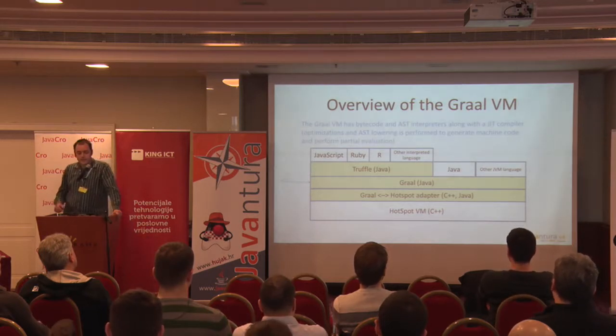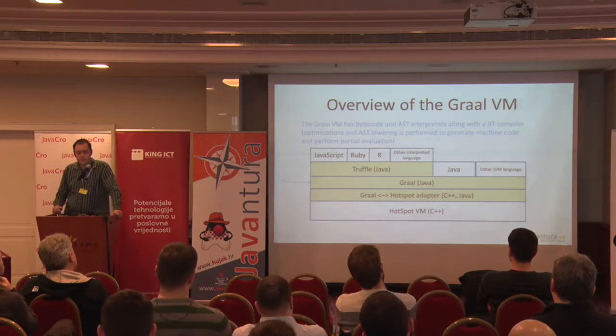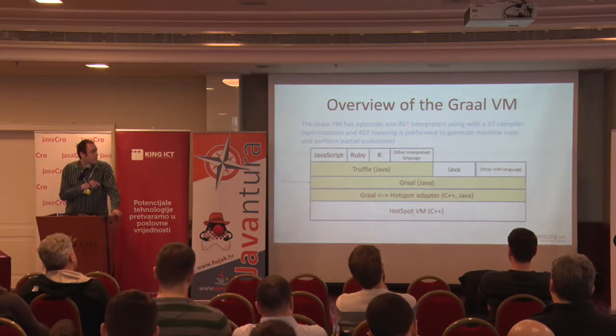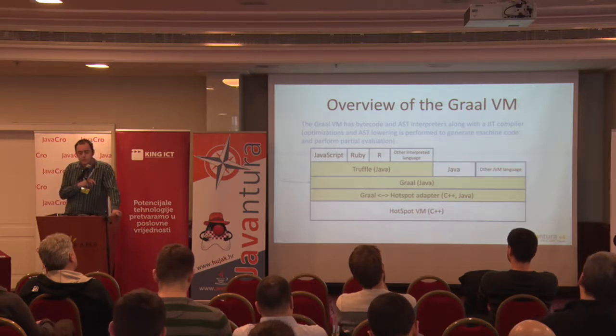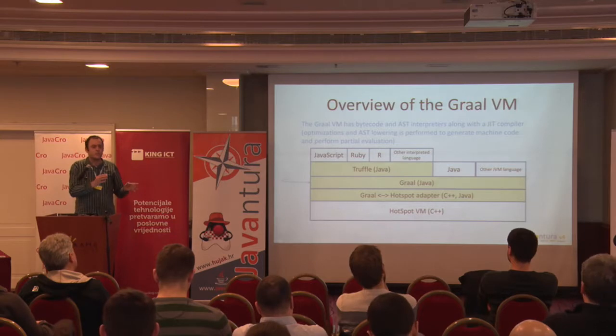And when that happens, essentially, the GraalVM takes the responsibility to provide different types of optimizations on that Graal intermediate representation. As we mentioned, the GraalVM has both bytecode and AST interpreters, and in that case it uses a special AST interpreter that allows you to optimize certain parts of that abstract syntax tree.